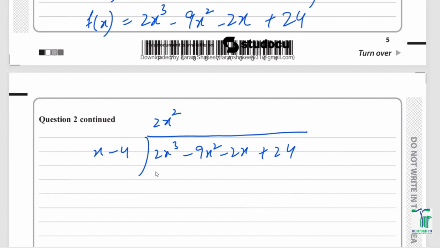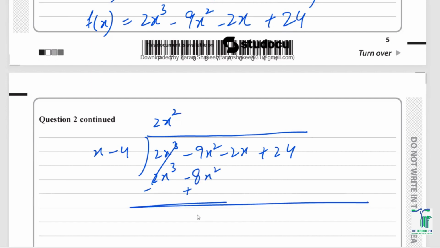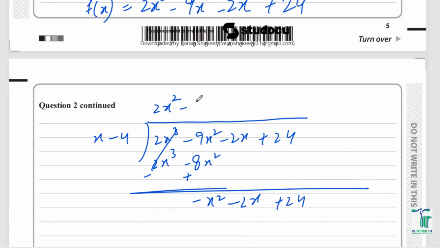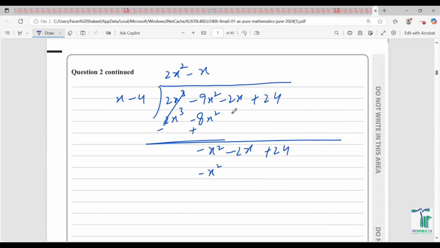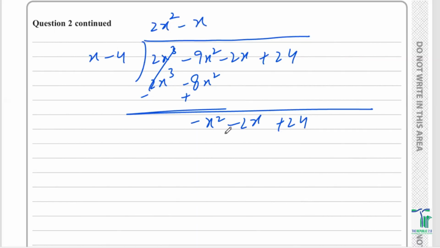So 2x square, and I would have 2x cube. 2x square times 4 has to be negative 8x square, and I would be left with negative x square, negative 2x plus 24. And now I'm going to multiply it by negative x. So I would be left with negative x square, negative 4 times x has to be negative x square.